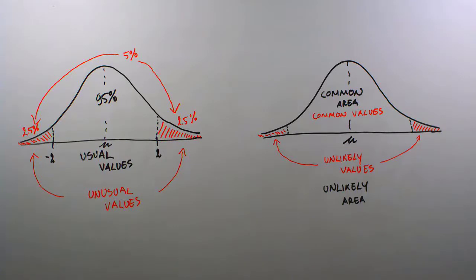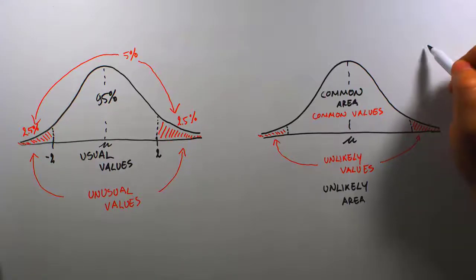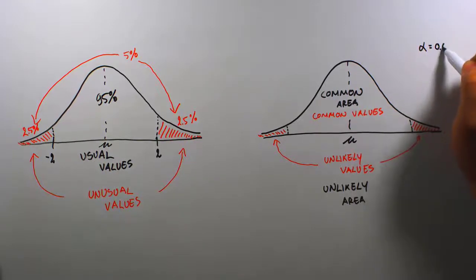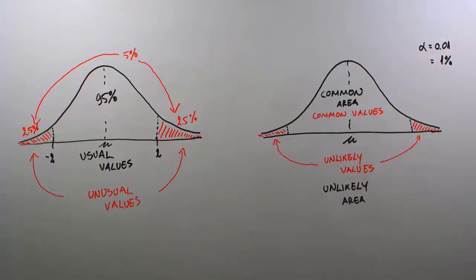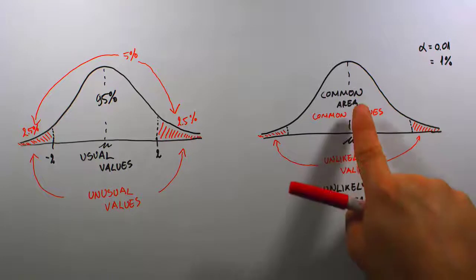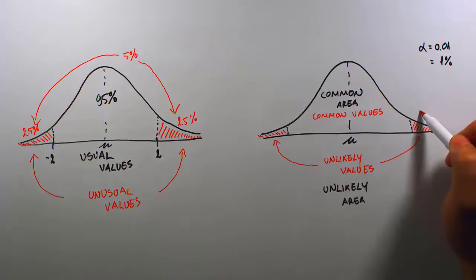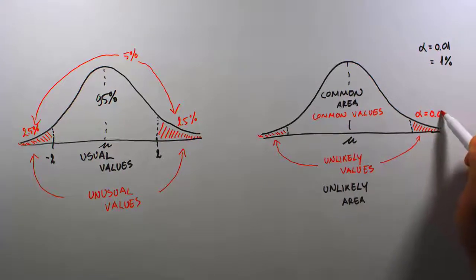And now specifically in our testing hypothesis problem in example 1, looking at our computer screen here, we have a significance level given to be 0.01. So our alpha equals 0.01, or 1%. But that means this right tail, the little tail outside of our common area value right here, is as big as 0.01.